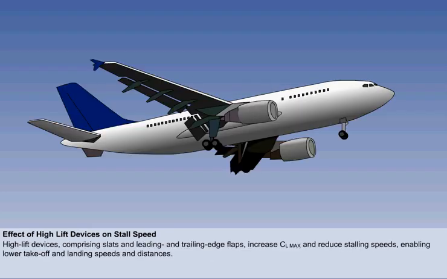To reduce the takeoff and landing speeds and distances, various high-lift devices are used, increasing the value of CLmax. In addition to lowering the stalling speed, these devices, which principally comprise leading edge flaps and slats and trailing edge flaps, will usually alter the stall characteristics.